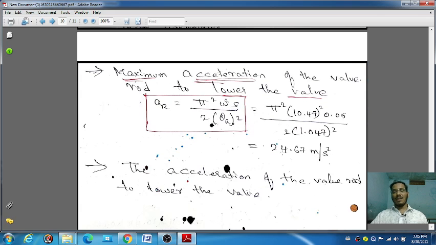You know very well, while a heavy weight is coming from the top position to the low position, due to gravity and the weight of the follower, it will generate more acceleration. That's why we get 24.67 meter per second square here. This is your total acceleration of the rod at the lower value.